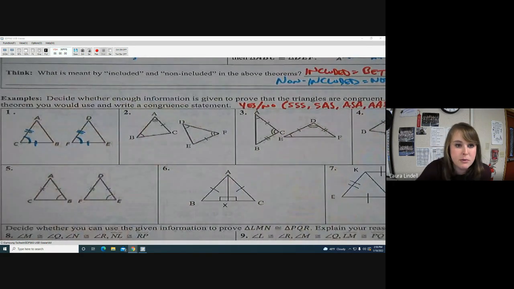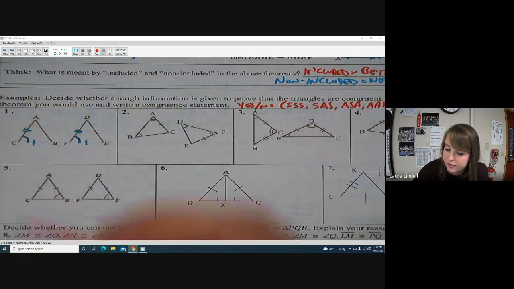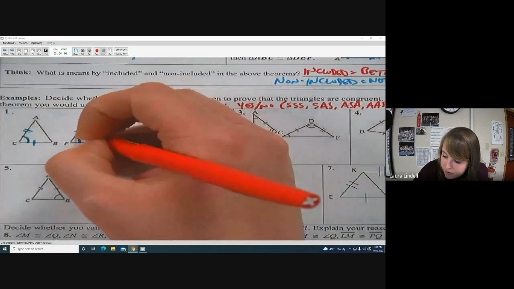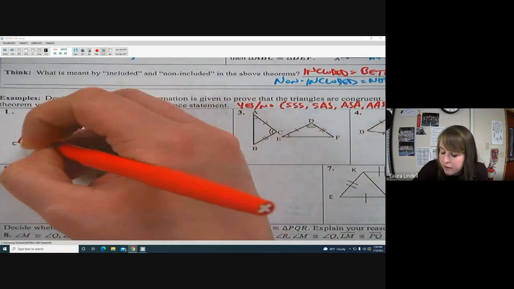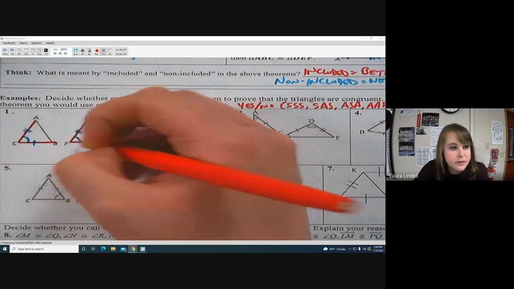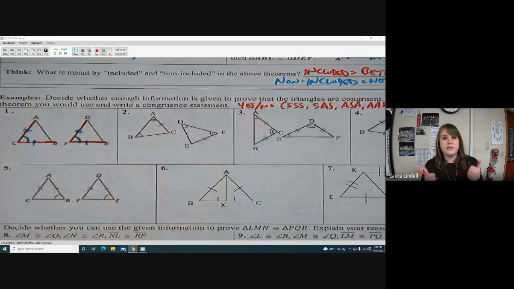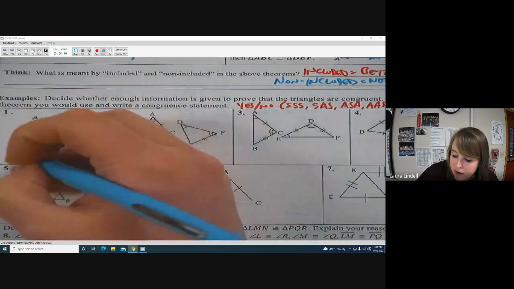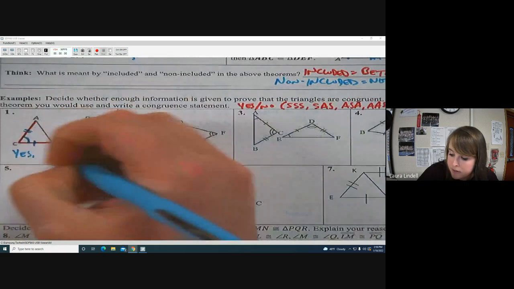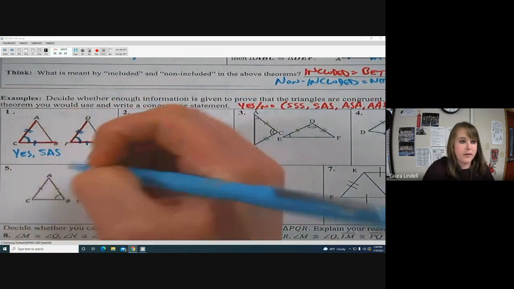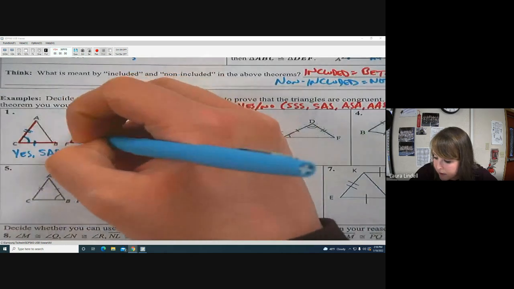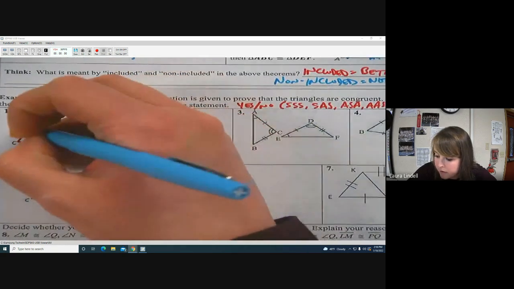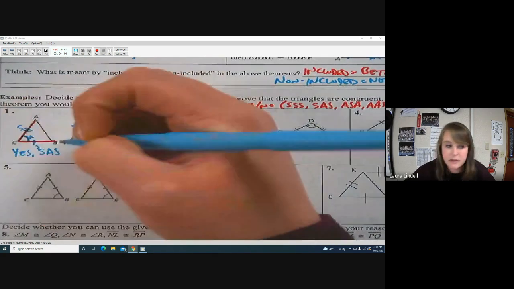To double check that it is indeed side, angle, side, I would trace the two sides that I have. If the angle that I have is in between the two sides like this, then we're good to go, and it is side, angle, side. So in this case, we would say our triangles are congruent by side, angle, side. And if you want to, you can also label side, angle, side, just to double check and make sure.